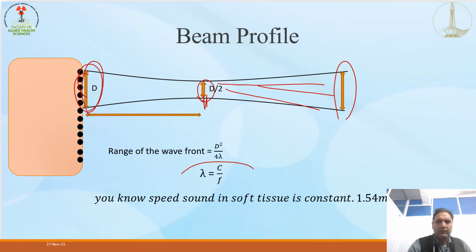Here we know the formula of lambda or wavelength from the wave equation, that lambda is equal to speed of sound over frequency. You know the speed of sound in soft tissue, which is 1.54 millimeter per microsecond.